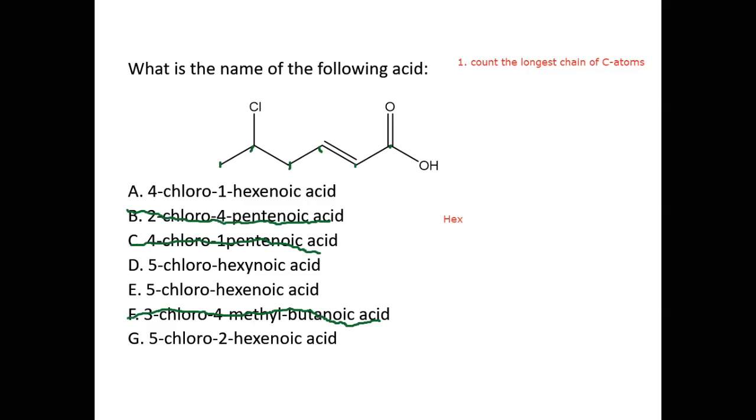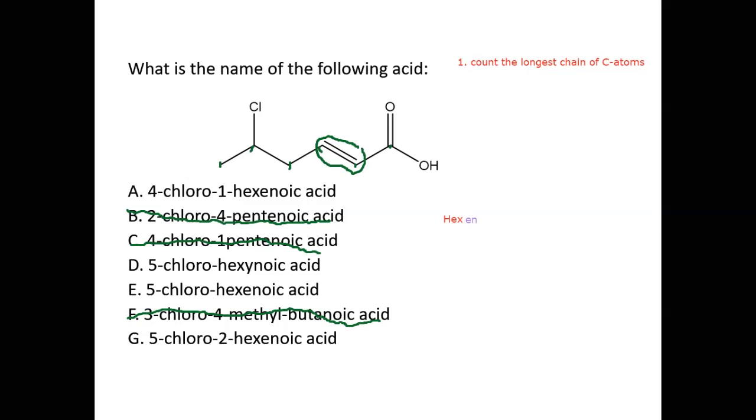Now, does this compound only contain carbon-carbon single bonds? Well, no. It has a double bond here. So now we have to use the root en. So we got hexene. So we look at hex. If it has an ene, we keep it. If it doesn't, we get rid of it.